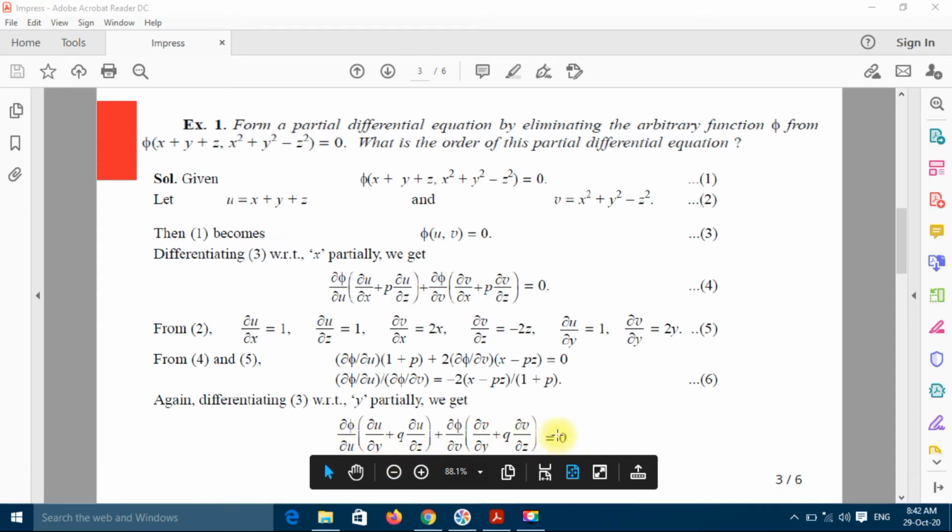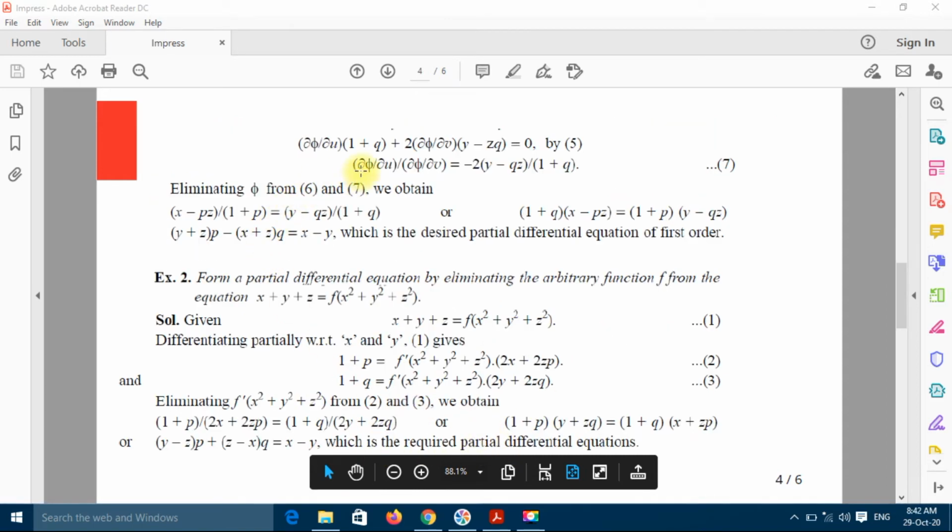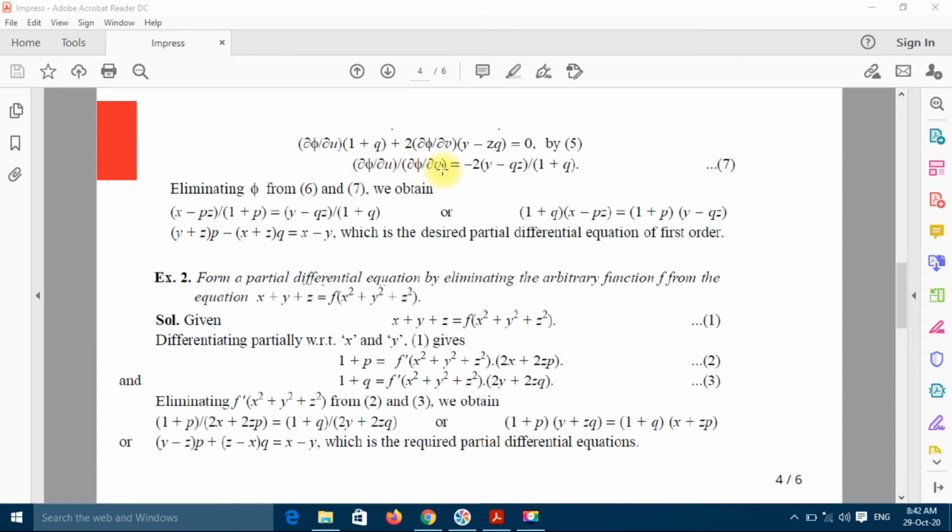Now we substitute the values of ∂u/∂y, ∂u/∂z, ∂v/∂y, ∂v/∂z into this equation. Then this equation reduces to ∂φ/∂u upon ∂φ/∂v is equal to minus 2 times (y minus qz) upon (1 plus q). This is our equation number 7.